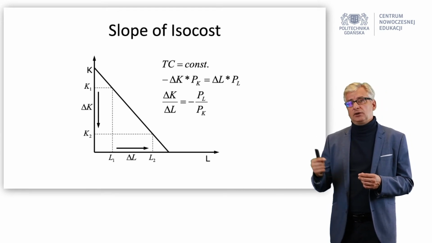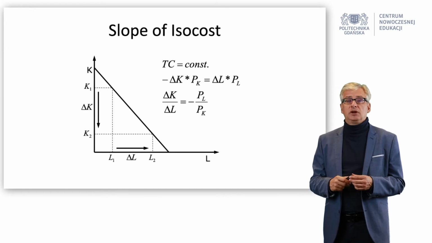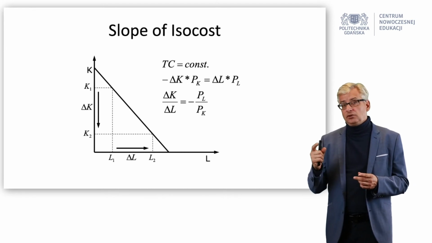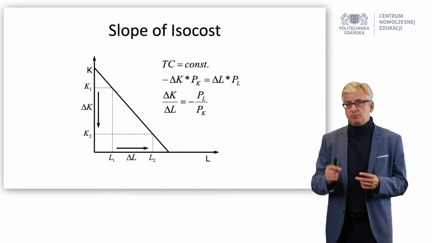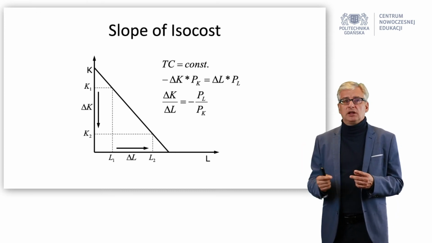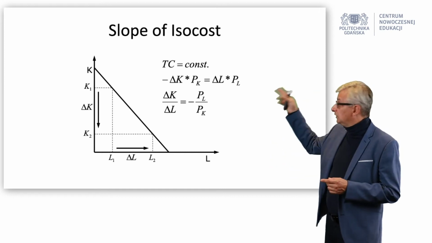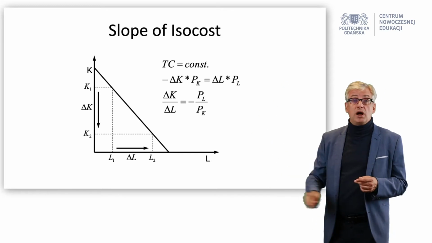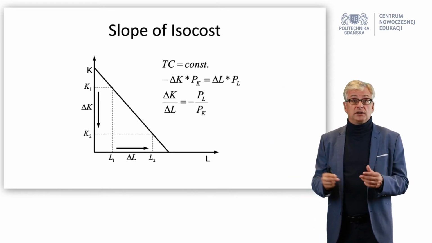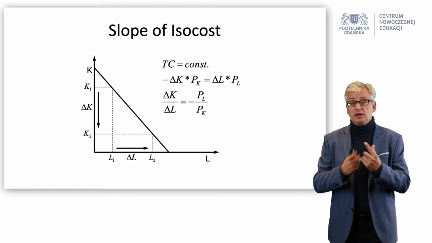To find out something about the slope, we need to focus on what would happen if we move from one point on the isocost line to the other one. As you can see in my graph here, this is moving from point number 1, defined by K1, L1 resources.